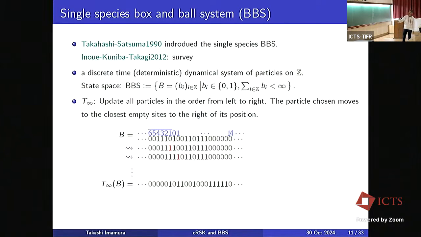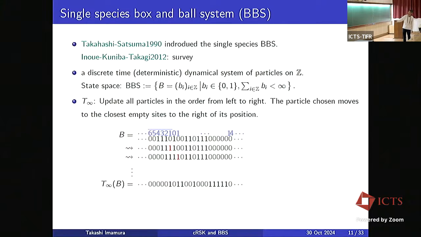It was introduced by Takahashi and Satsuma in 1990, and there are several survey and review papers. I am learning the box and ball system from this review by Inoue-san, Kuniba-san, and Takagi-san.